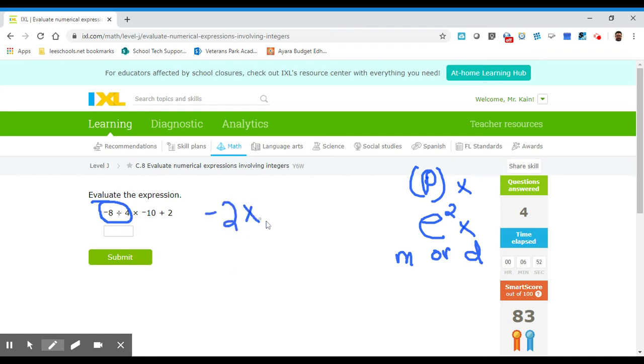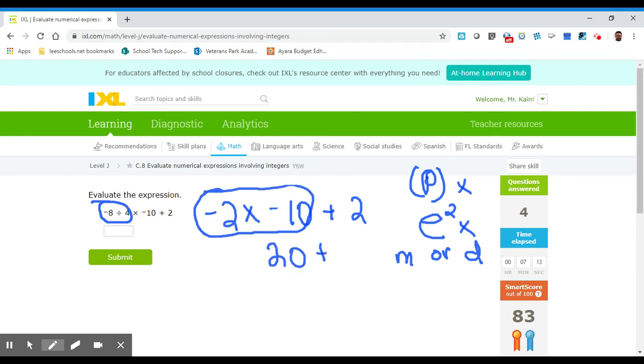I'm just going to rewrite everything else because accuracy is very important, because one little small mistake can cause the whole entire thing to be incorrect. So we have a -2 and a -10 multiplied. We're still on the multiply or divide step. Two negatives multiplied is a positive 20 plus 2. So now we're down to the add or subtract step. And we're just going to finish it off by adding 20 plus 2, which is 22.